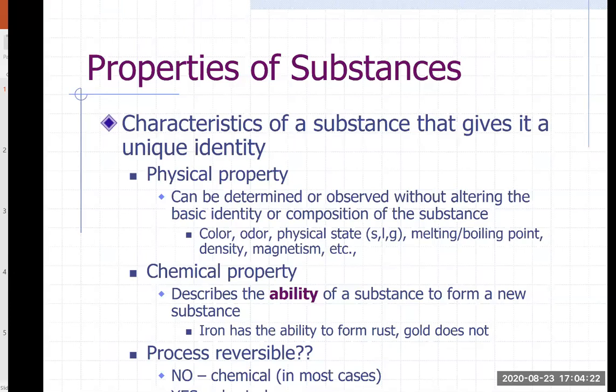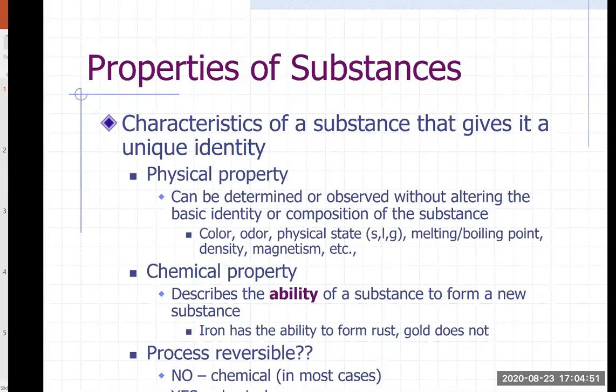And so when we have an unknown in the lab, we'll look at the color, we'll analyze the odor, the physical state, is it solid, liquid, or gas? We'll measure the melting point, we'll measure the density, we'll evaluate magnetism. All of these characteristics and more we'll look at, because each substance has its own unique physical characteristics associated with it.